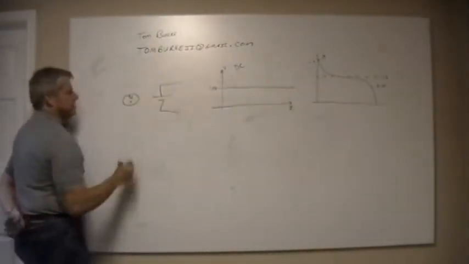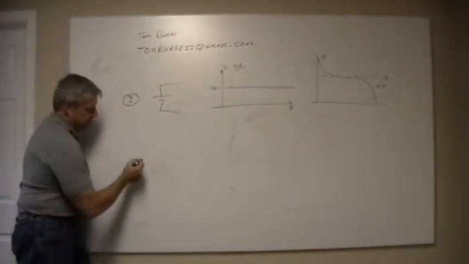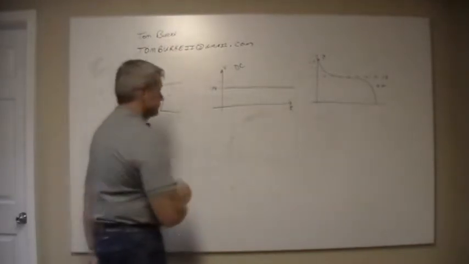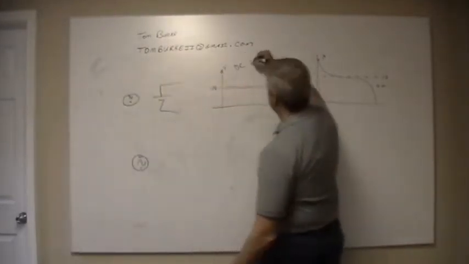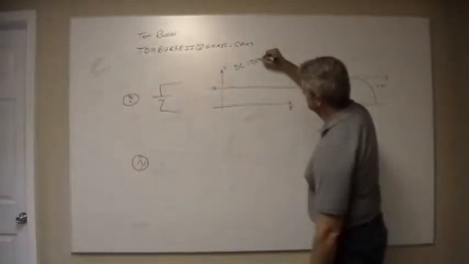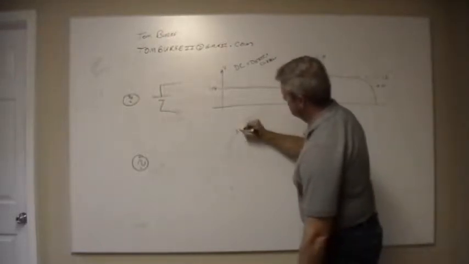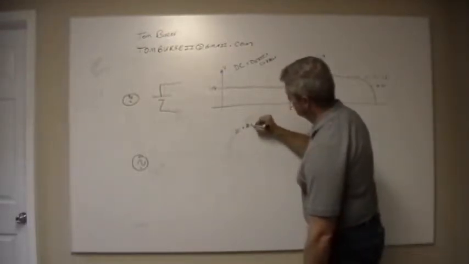Maybe this guy. Often if I'm doing an AC source, I do that. DC equals direct current. AC, alternating current.